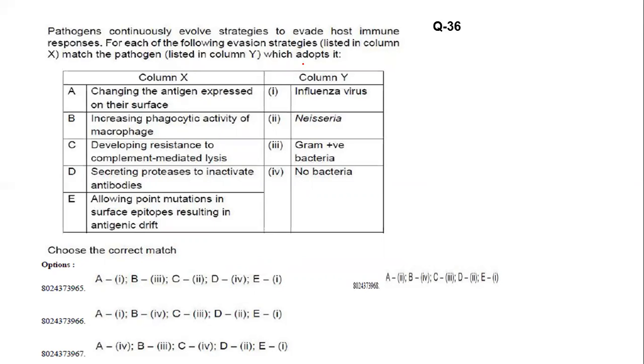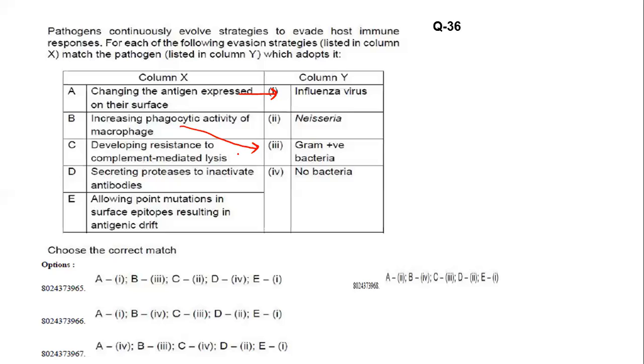The one changing the antigen expressed on their surface is the virus; they can change their antigen presentation on their surface, right? Increasing phagocytic activity of macrophages is the gram positive bacteria, is the 3.